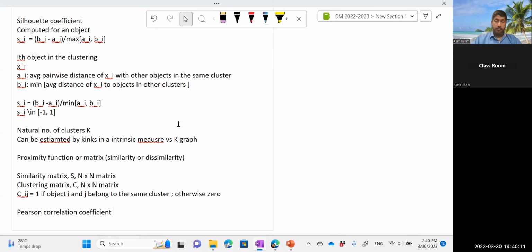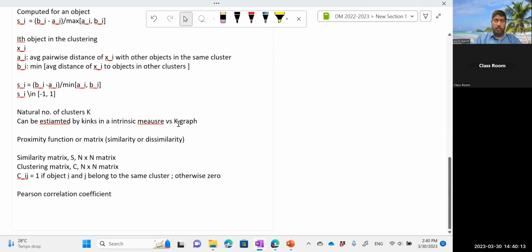So do you get this point? Obviously if the similarity Sij is high, then Cij should be 1. इसका मतलब है 1 और हाई वैल्यू और Sij सिमिलैरिटी नॉर्मलाइज है वो भी मैक्सिमम 1 ही होगा. तो इन दोनों में स्ट्रॉन्ग कोरिलेशन होनी चाहिए.